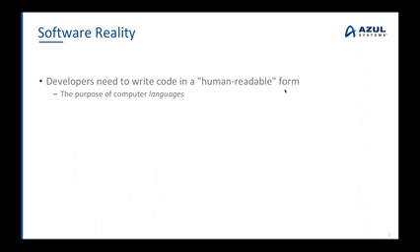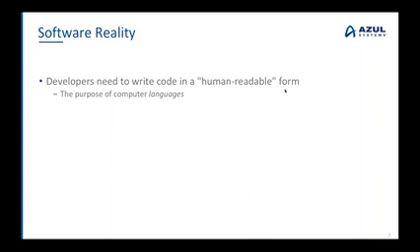But this leads us to the reality of software. And in this case, what we have to deal with is two very orthogonal demands for how we write software. What do I mean by this? Well, the thing is that as people, as humans, what we like to do is to write human readable code. This is where computer languages come in. So it's a language which is similar in many respects to the way that we communicate between ourselves.